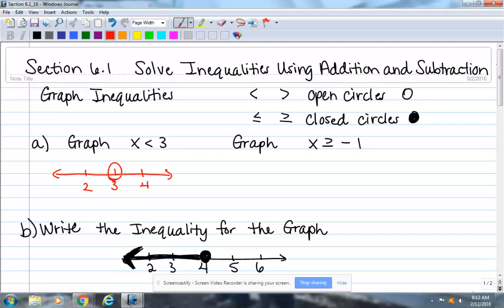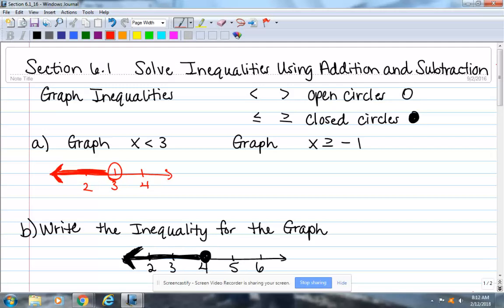And which way do we shade to show numbers that are less than 3? To the left. So the numbers that are less than 3 will be to the left of 3. And something easy to notice about that is that whichever direction your symbol points, that's which way your arrow should point also. So that's how we graph x is less than 3 on a number line.